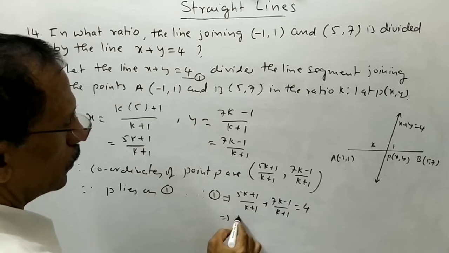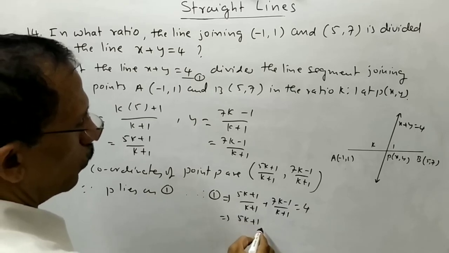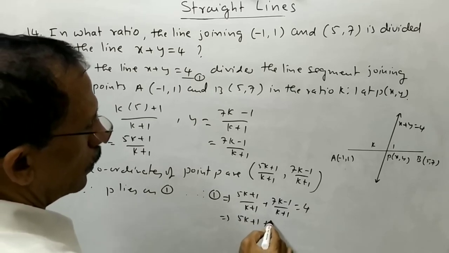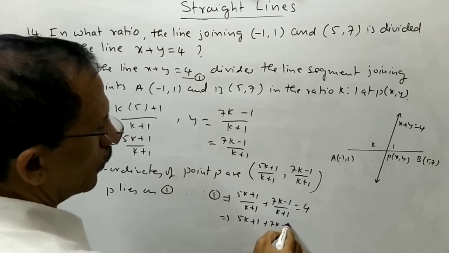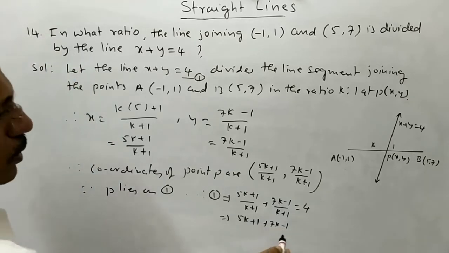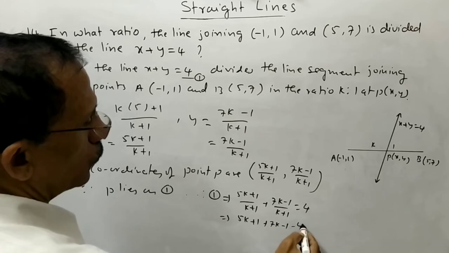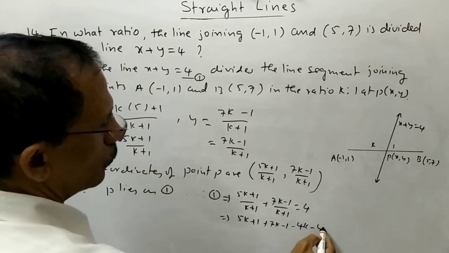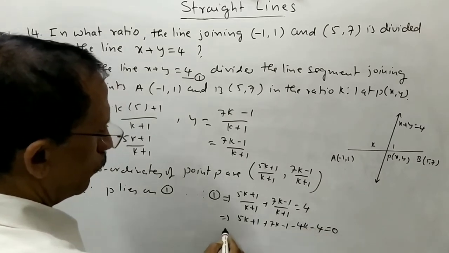This implies 5k plus 1 plus 7k minus 1 minus 4k minus 4 is equal to 0.